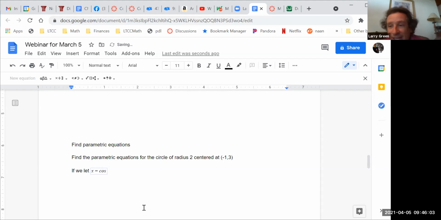And you could use theta. Trust me, if you're going to have to type it, use t. And on a test, you have to type, sorry. So t's easier. Okay, x equals cosine t. And y equals? Sine of t.